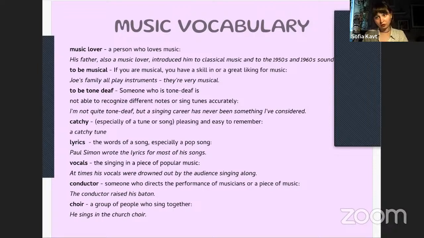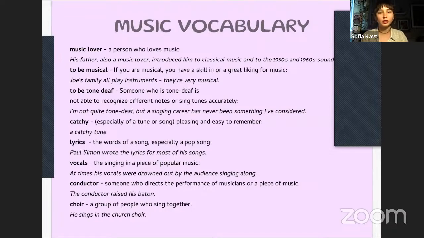And I suggest that you actually avoid using the term meloman because it exists in Russian, but in English it is not actually used that much, or not even used at all, to be honest. So to replace it, I suggest that you go with music lover. Simple as that.